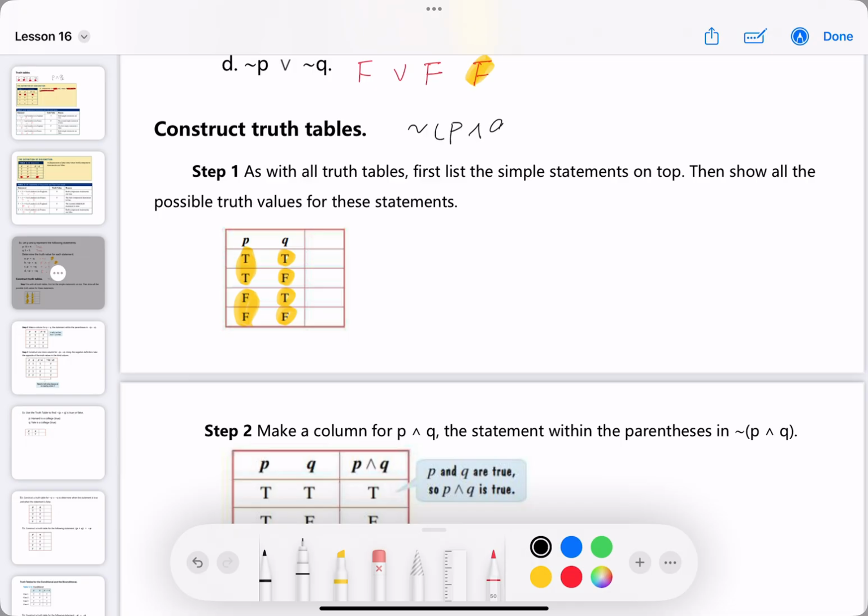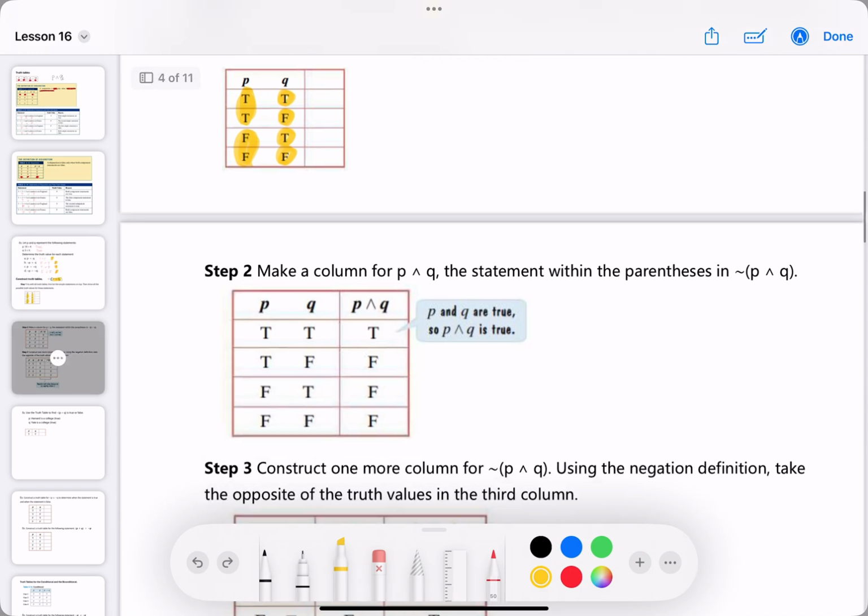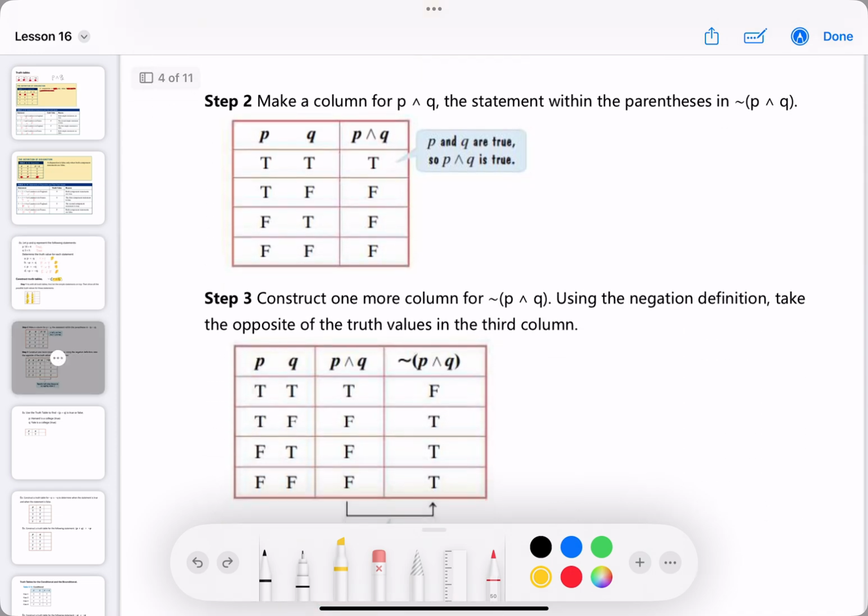So the second step is to make a column for the P and Q statement first. And last, we add the negation.